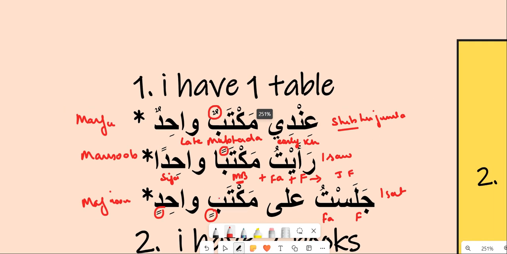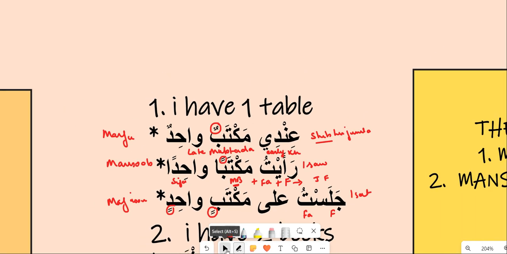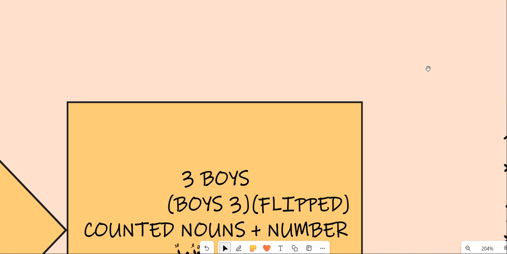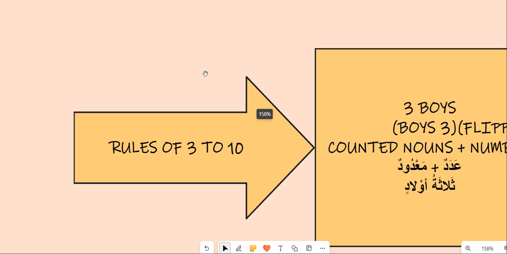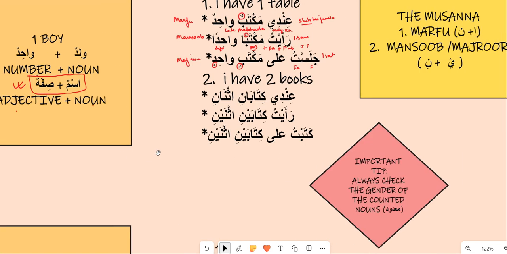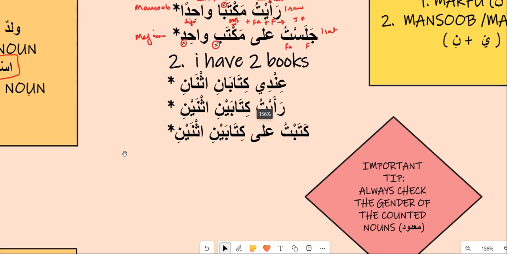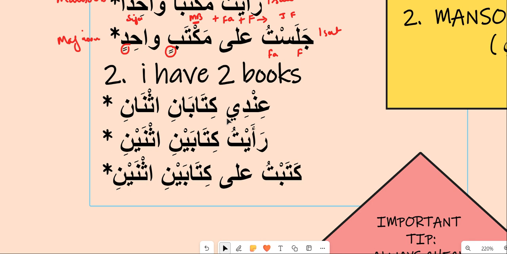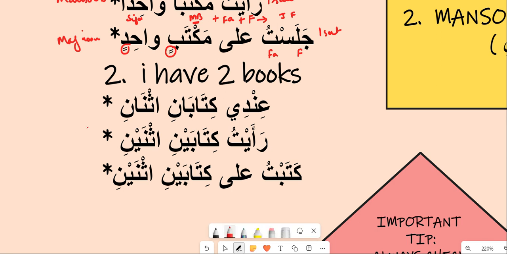Now, if you have understood the numbers 1 and 2, now let's go to the numbers of the dual, that is number 2. Now, before I proceed to number 2, let's see the three cases of marfu, mansub and majroor. But before I do the mansub and majroor, let me tell you the structure when this dual noun kitabani.